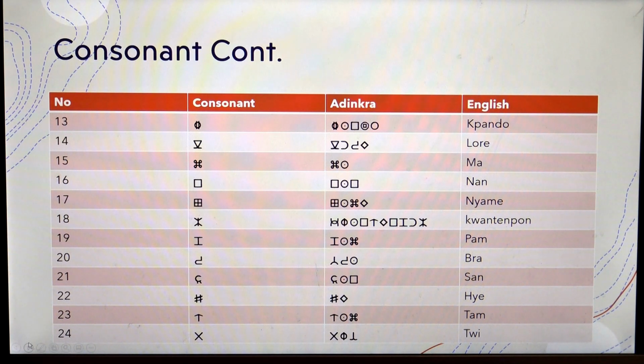The HY is actually more like a sh sound. So this is sh as in burn, sh, so no, burn. Then tam, so that's tam, so as a cloth, cloth is tam.